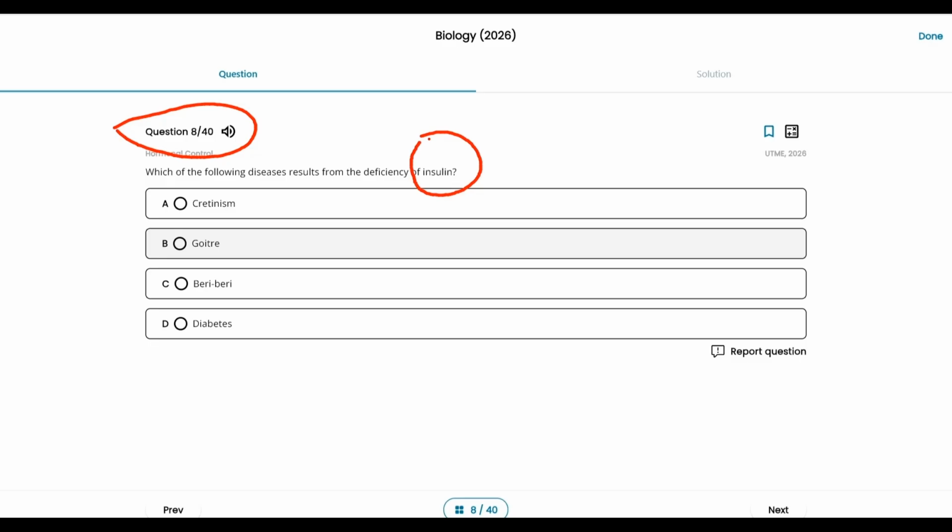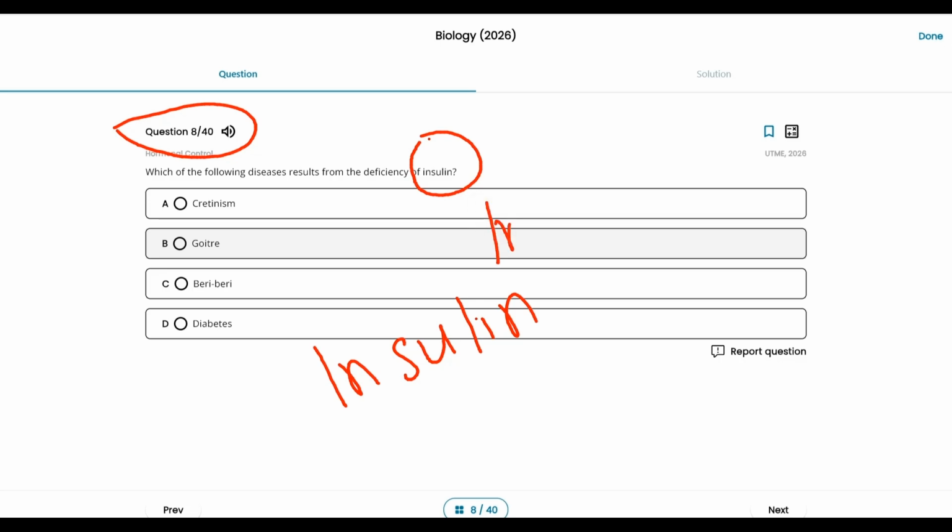Look at this question carefully. The important word here is insulin. Once you remember the function of insulin, the question becomes very straightforward.